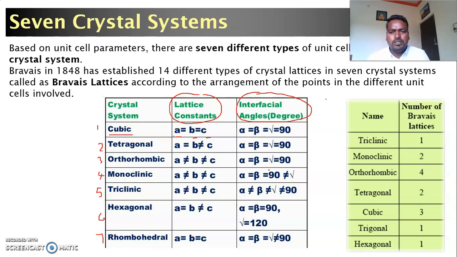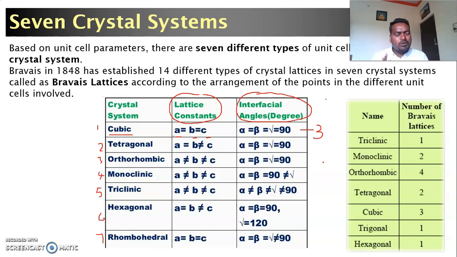So now you understood the 7 different crystal systems, for example the cubic system. Further, in cubic there are different types of unit cell possible. There are 4 types of unit cell. So what are the 4 types of unit cell?